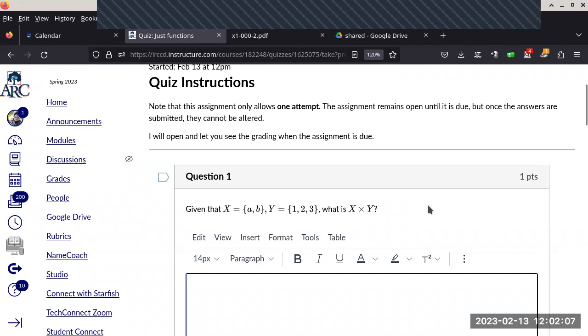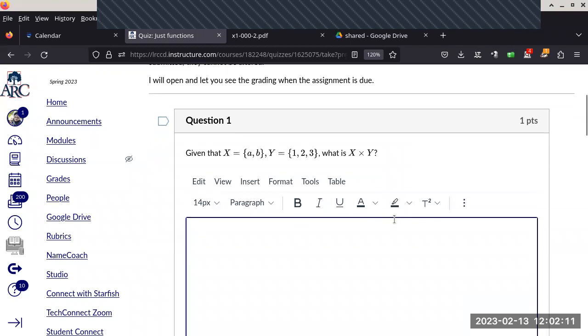All right, so here's the first question. Given that X is {A, B} in a set and Y uppercase is {1, 2, 3} in a set, what is the Cartesian product of X and Y? In this case, you don't have to use math notation because it takes a little bit of time to type. I would just use regular typing without using the math equation tool.